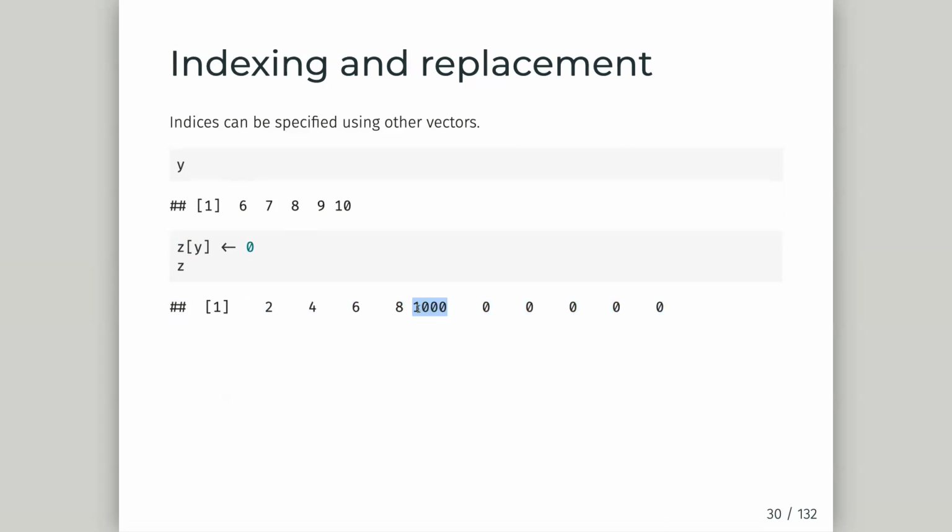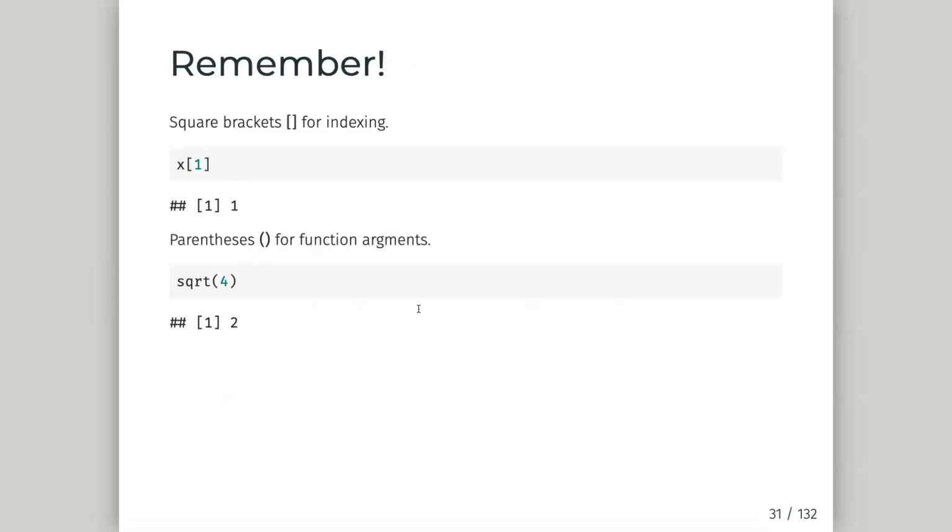We'd already changed this one. So we can interact with these vectors through indexes, and we can replace positions or pull them out to create new vectors. Just remember, so far we've come across 2 types of brackets. We'll come across another one later on. But we have square brackets, which we use for indexing, such as this to get the first value, and parentheses we're going to use for function arguments. Okay.